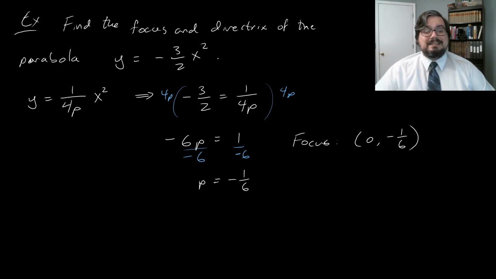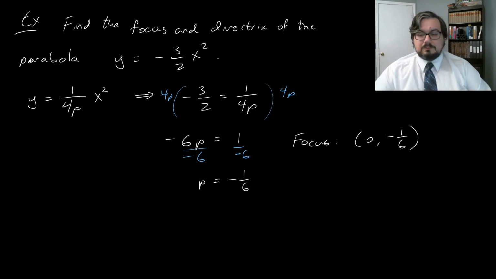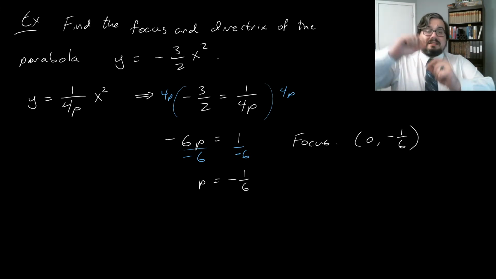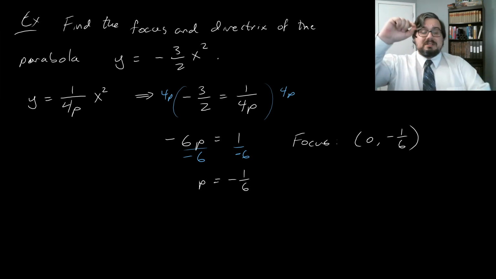We know it's at (0, negative 1/6) and not (negative 1/6, 0), because our parabola is written in the form y equals an x squared term. Whatever variable in your equation is not being raised to the second power, that's the direction that you're moving in order to get to the focus and directrix from the vertex.